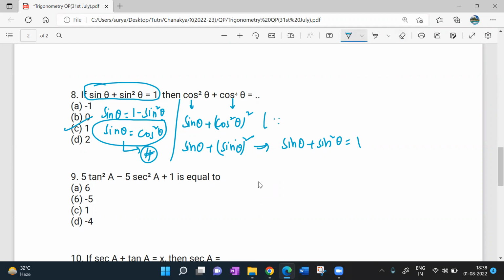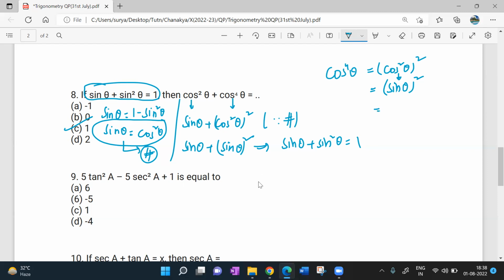Sir, here cos square theta whole square. How did you write it as sin theta whole square? I didn't get you. Here, cos to the power of 4 theta can be written as like this. Cos square theta is, from the hashtag equation, sine theta, and whole square as it is.